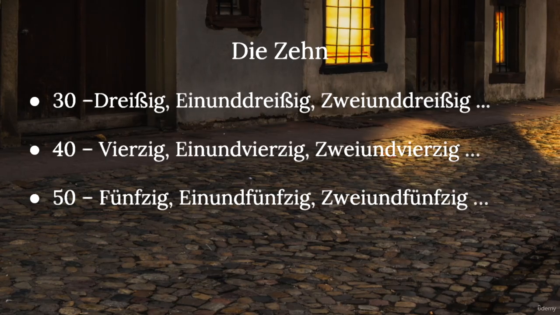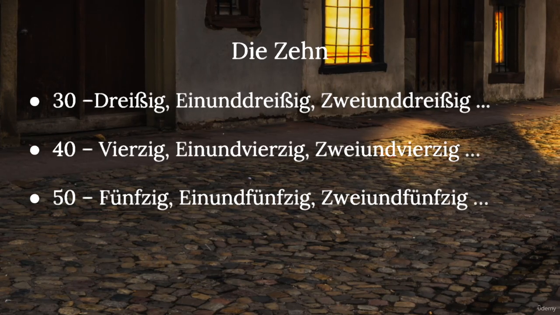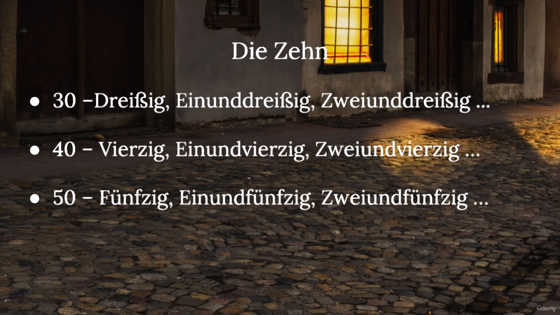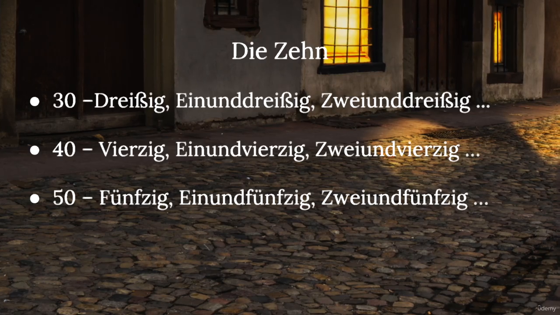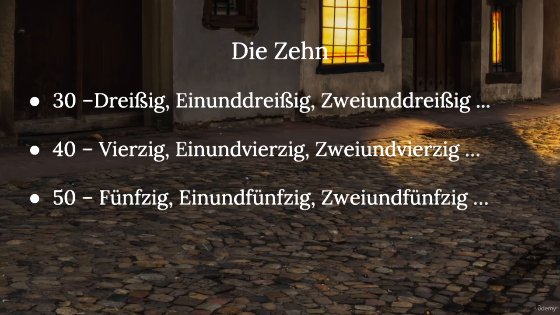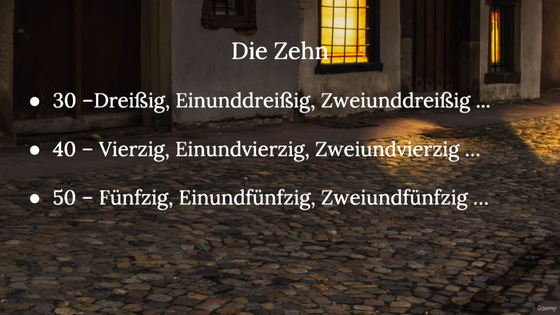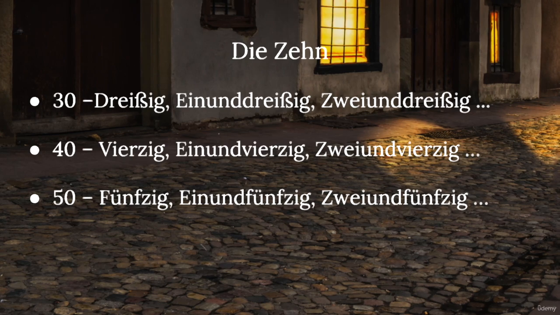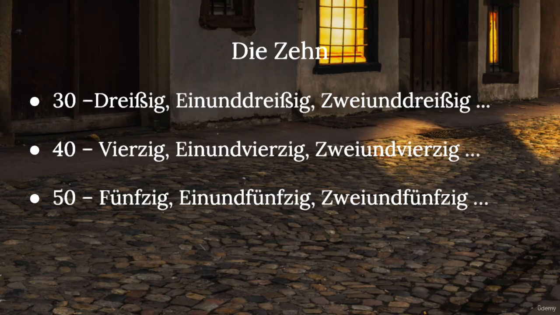And it goes on like this. 30 is dreißig. So you say einunddreißig, zweiunddreißig, and so on. 40 is vierzig.